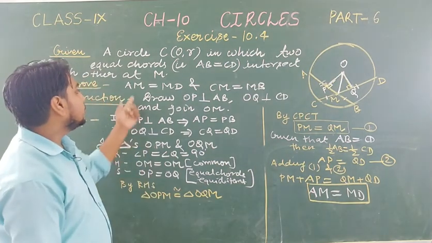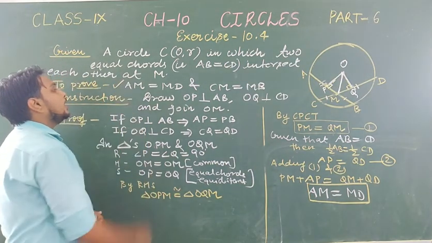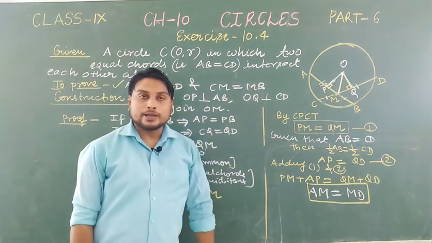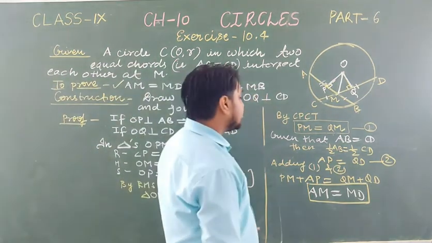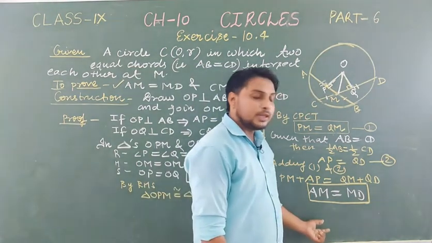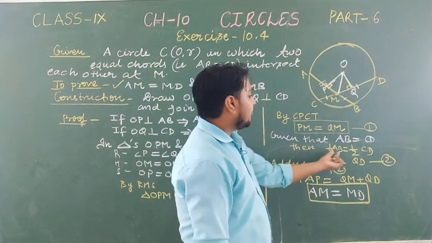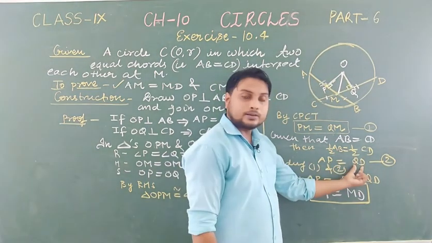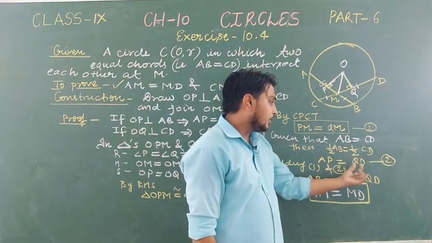Now we have shown this result, AM is equal to MD. Now we have to show that CM is equal to MB. So for that, students, what can we do? See, half of AB we have written as PB, and half of CD we have written as CQ.